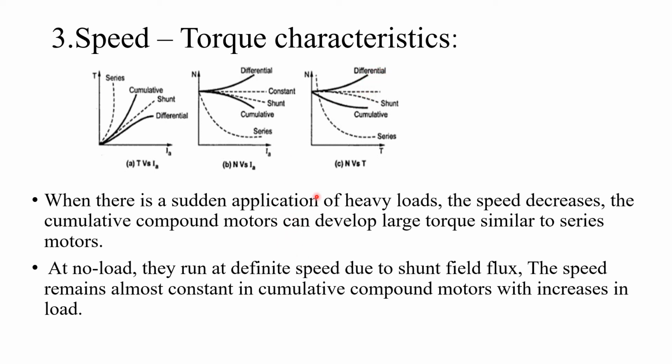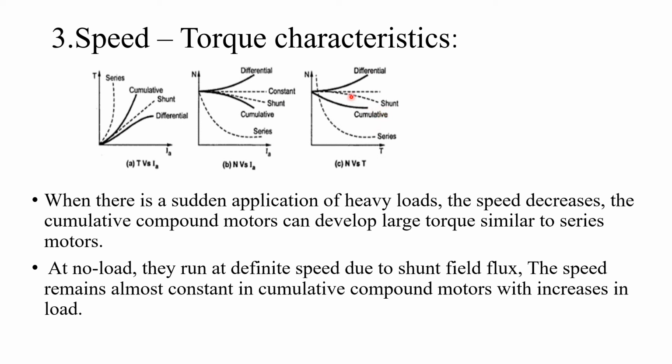So from this characteristics curve, we can see that a cumulative compound machine will run at a constant speed when the load changes from no load to full load, or any kind of load.